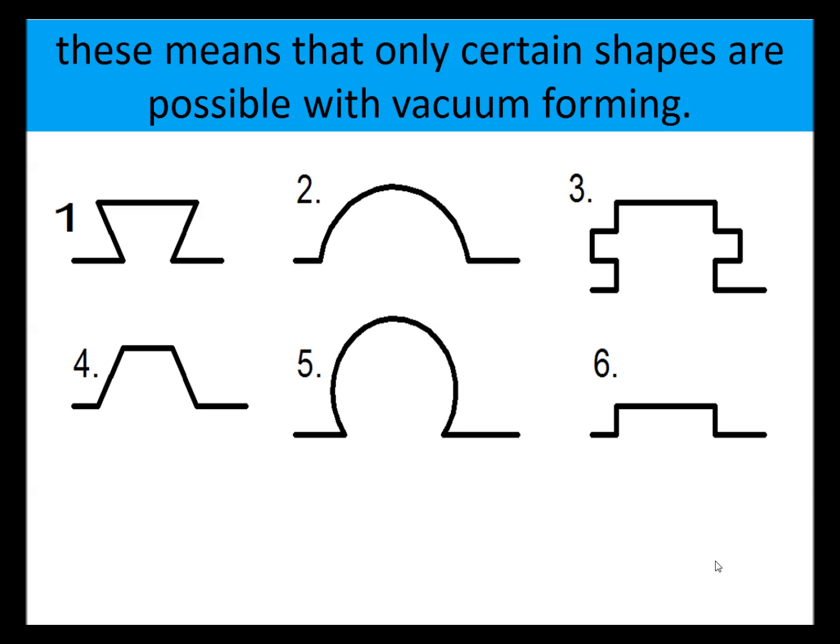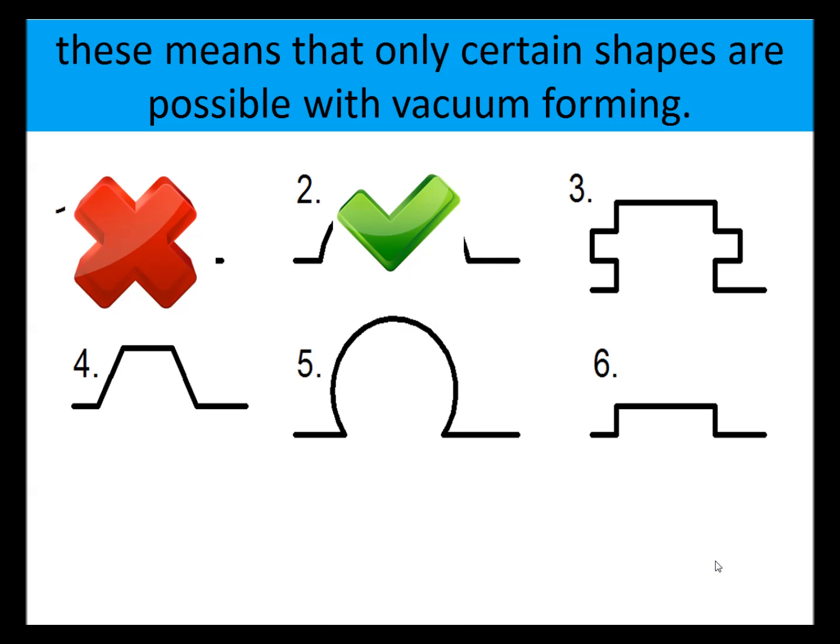If we look at these shapes, try and think which of these shapes you think would be suitable for vacuum forming molds. Some of them couldn't be because the molding wouldn't release from the mold. Number 1 is not suitable. Number 2 would be suitable. Number 3 is not suitable.